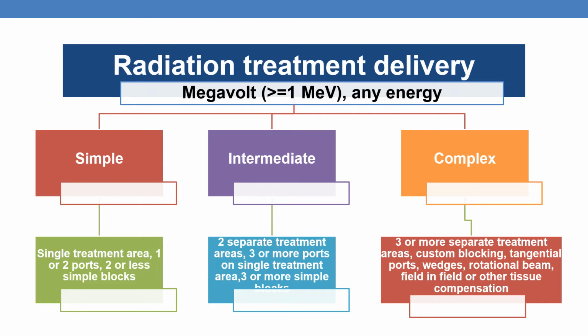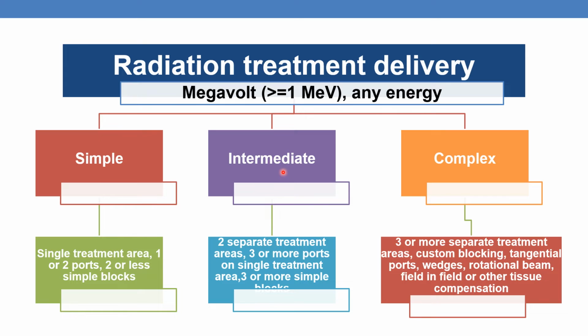Now coming to types of radiation treatment delivery: megavolt energy, greater than or equal to 1 MeV, any energy. Types are simple, intermediate and complex. Simple involves a single treatment area, 1 or 2 ports, 2 or fewer simple blocks.